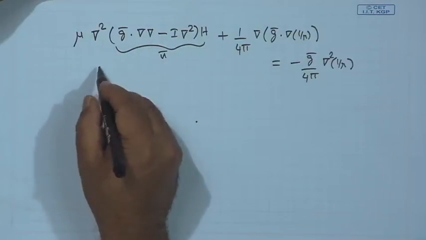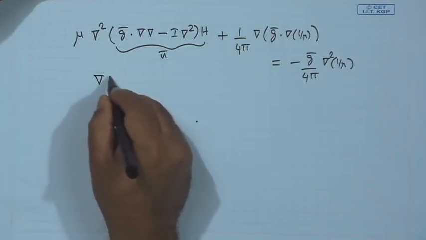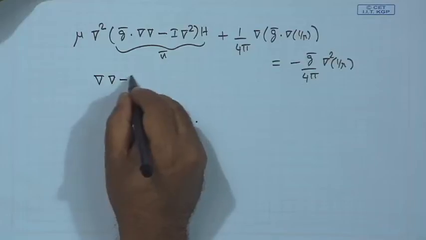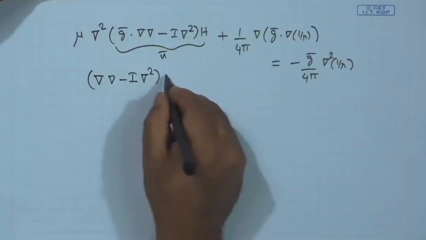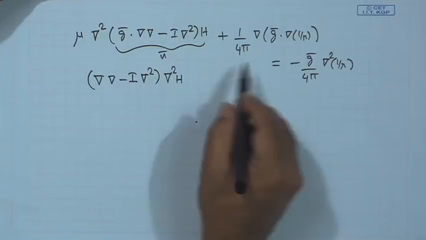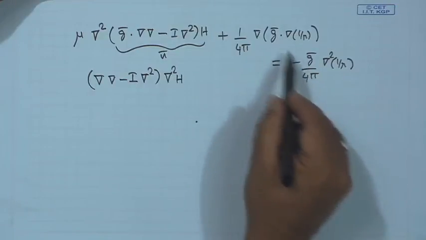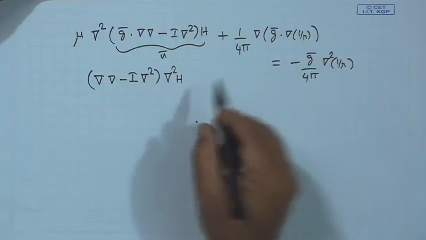So, from here we get del square of h, then these two combining can be expressed in the same operator acting on 1 over r.